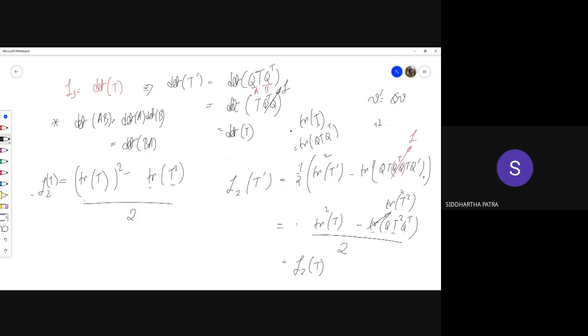Okay, so that is same as trace of t squared, because trace of t squared is an invariant of t squared.